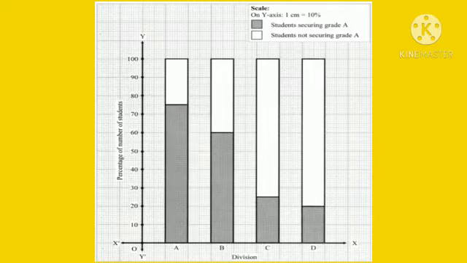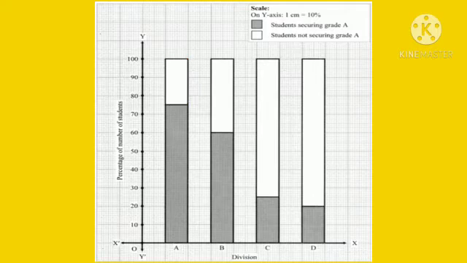So, 75% of students are represented in the same bar as a shaded portion, and the unshaded portion of that bar represents the percentage of students not securing grade A.